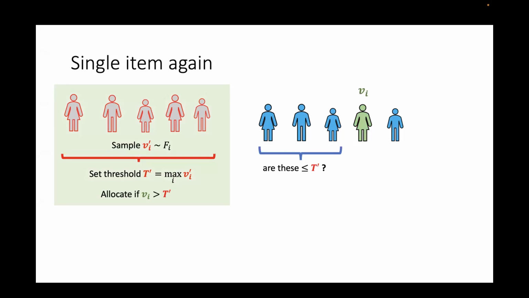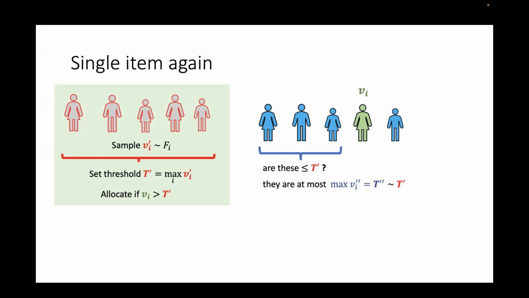Then when a person comes, has value b_i, we have to check: is the item available when this person arrives? So what is the event that the single item is available when agent i arrives? It is the event that all previous valuations are below the threshold, right? Now, all previous valuations are at most the maximum valuation. So all people that came before this green agent have a value at most the maximum of all agents.